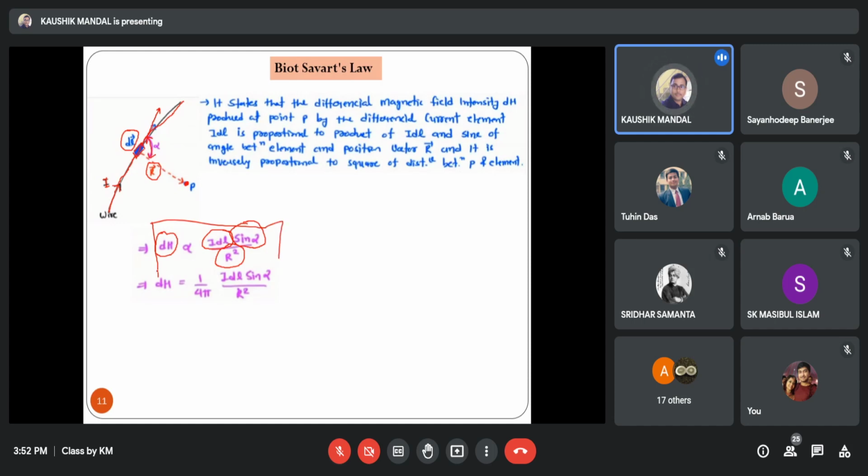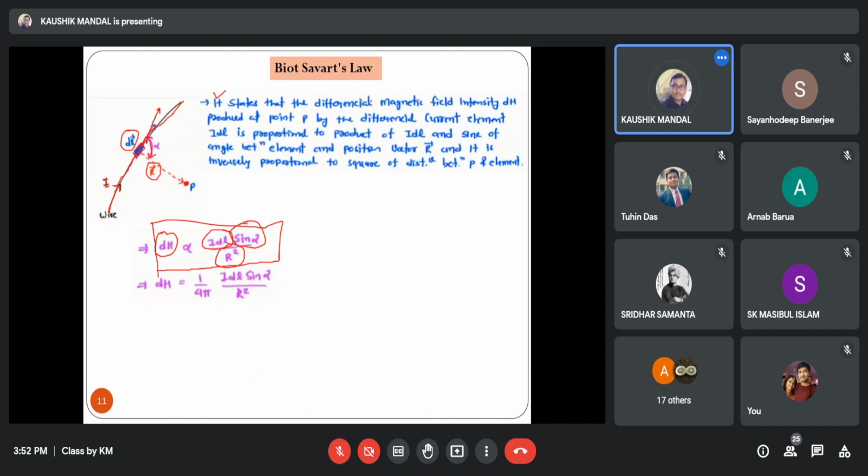The differential magnetic field strength will be directly proportional to I dl, directly proportional to the sine of alpha, and inversely proportional to R square. That is mentioned in this particular statement.